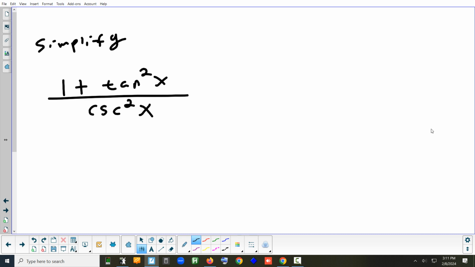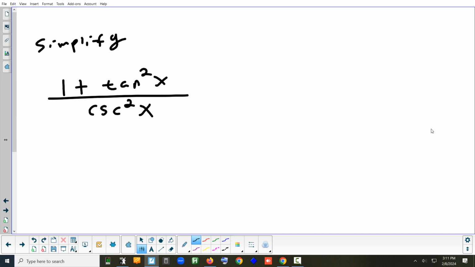Okay, so here's another simplify. Is there anything here that you might think about doing first? There's a conjugate. Okay, so we do have 1 plus tangent squared. You might want to think about doing something with 1 minus tangent squared.